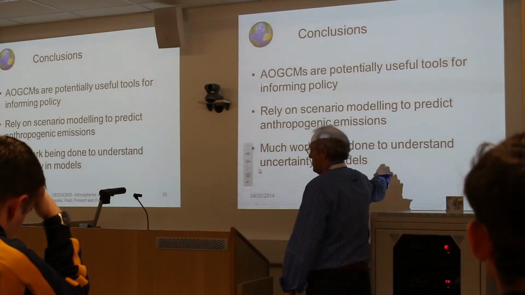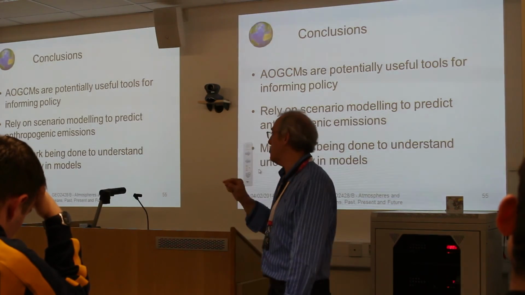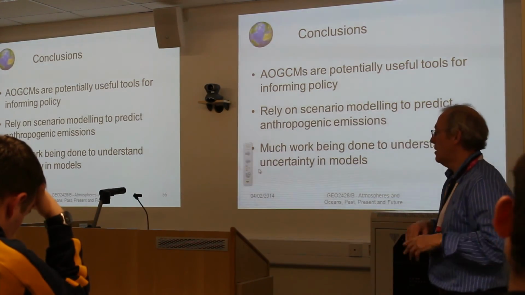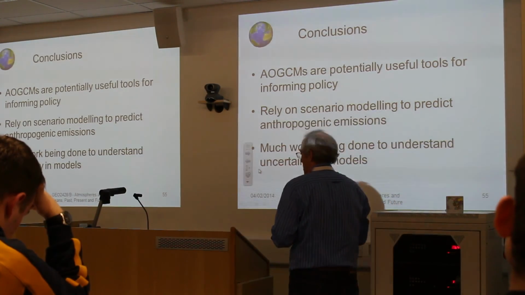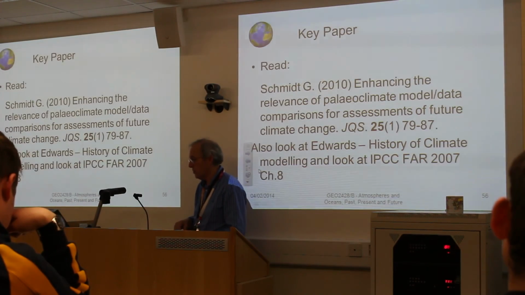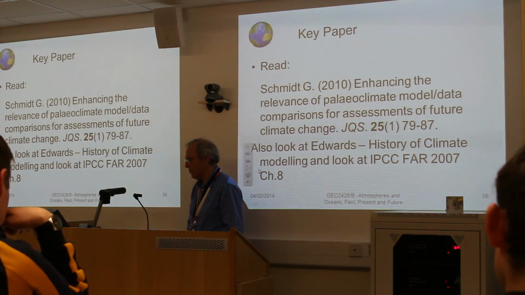There are lots of areas of uncertainty, but if you go back to that single graph reconstructing the temperature over the last century, models are remarkably good at doing it at that particular level, even if they can't do it at the regional level. So look at Edwards, and also have a look at Gavin Schmidt's paper, JP.